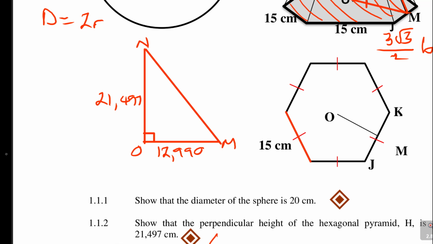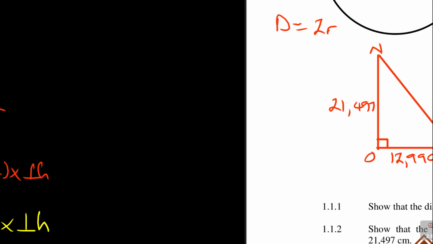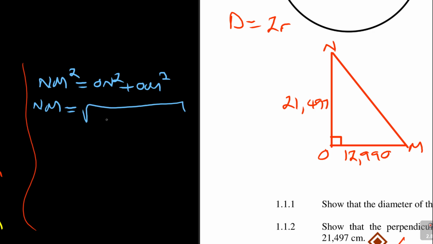And what does the theorem of Pythagoras say? I can say NM squared is equal to ON squared plus OM squared. That's Pythagoras. So if I want to find NM, it is the square root of ON squared plus OM squared. See that?